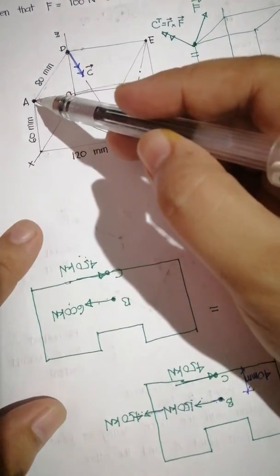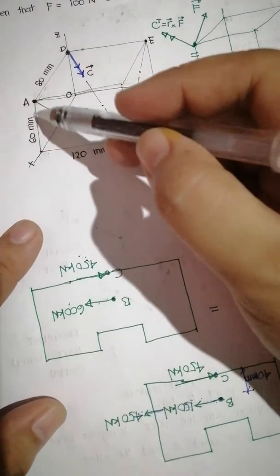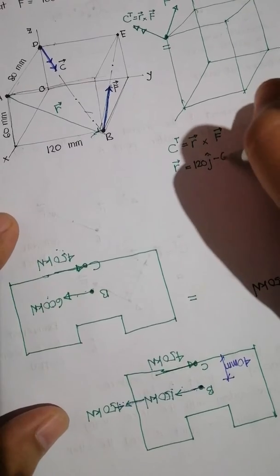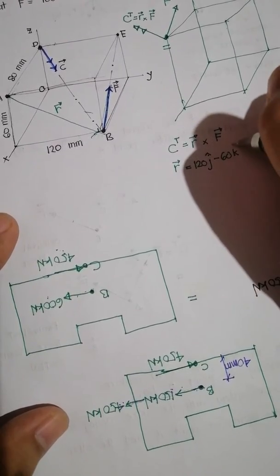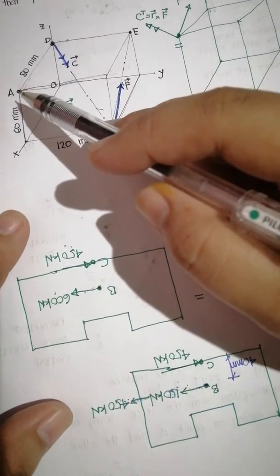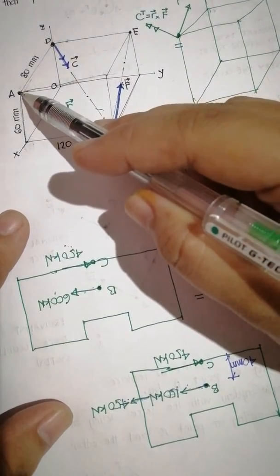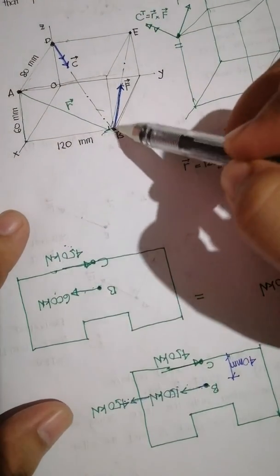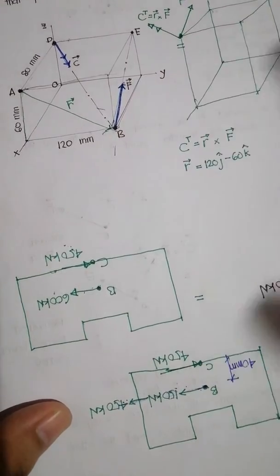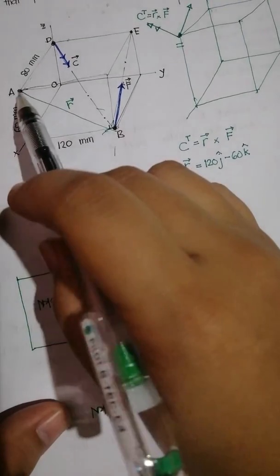Then along the z-axis, that's 60 downward, so we have minus 60 k hat. So this is our position vector R from the transfer point to any point on the original line of action of the force vector, which we are going to transfer to point A.